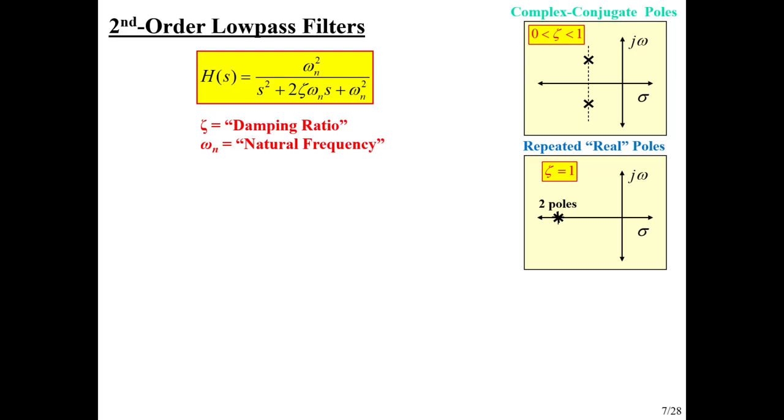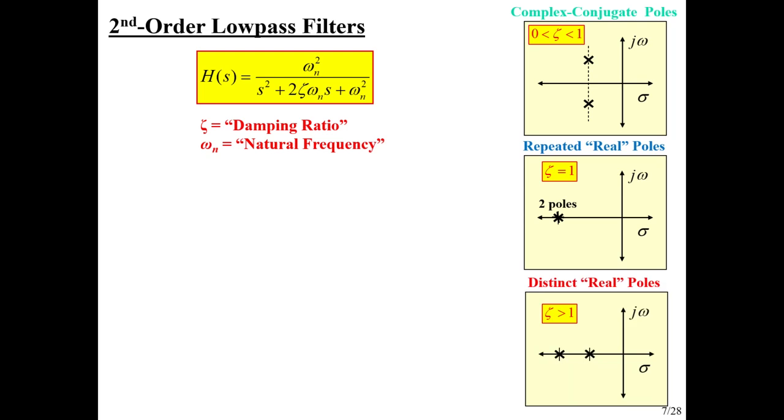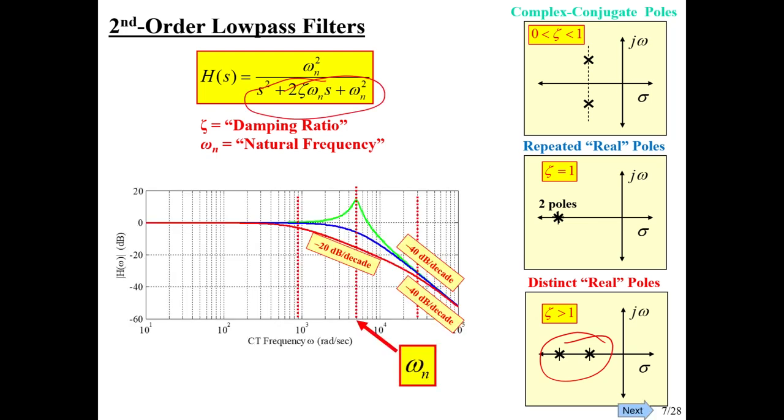So that's the distinction. So we call those repeated real poles. And then if zeta is greater than 1, we get 2 distinct real poles. So again, this can be puzzled out by looking at the role that zeta plays after applying the quadratic formula to the denominator. And here's a nice little plot showing those 3 scenarios.